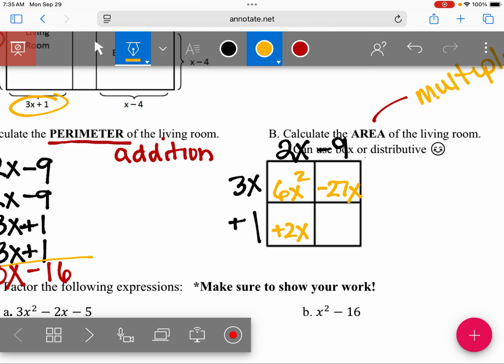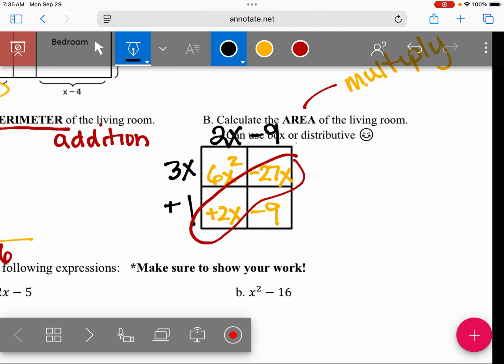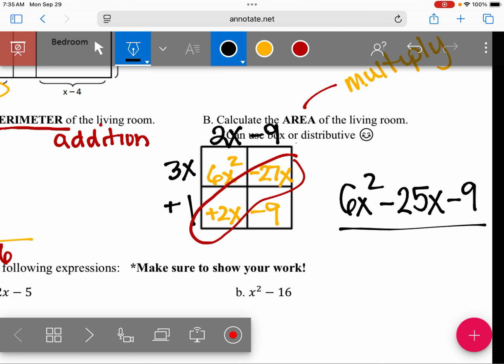And 1 times negative 9 is negative 9. Go ahead and add your like terms together. So these are like terms. So my final answer would be 6x squared, negative 27x plus 2x is negative 25x, and then minus 9. And that would be your area.